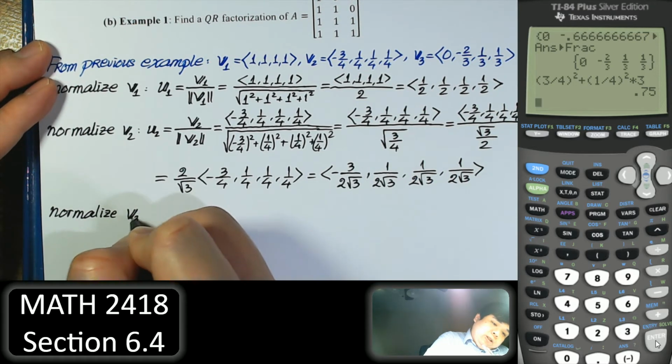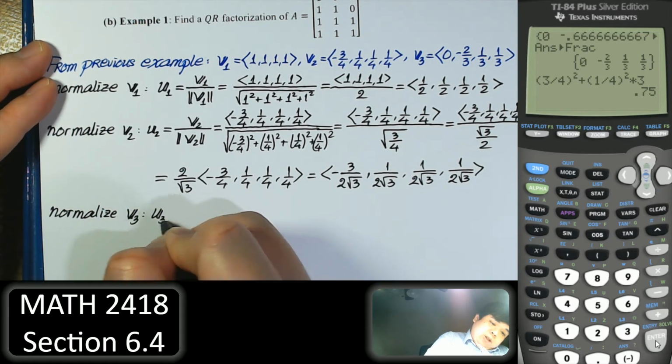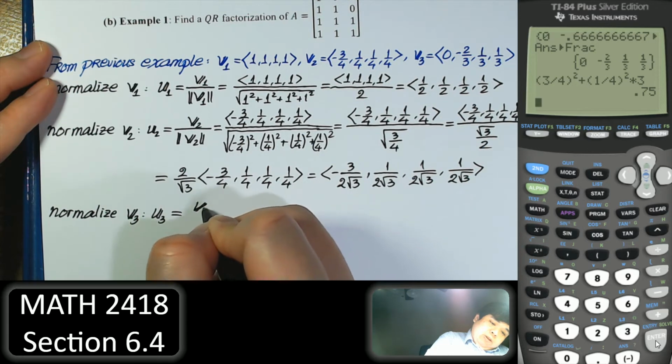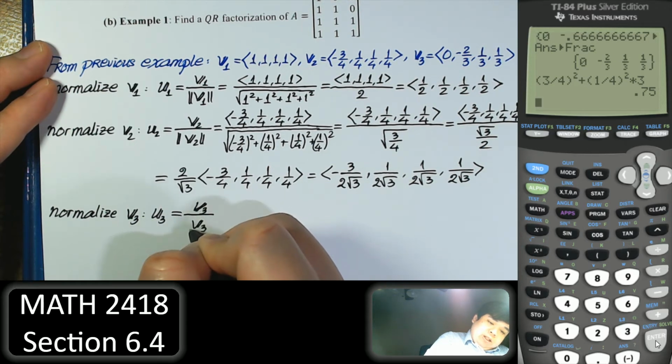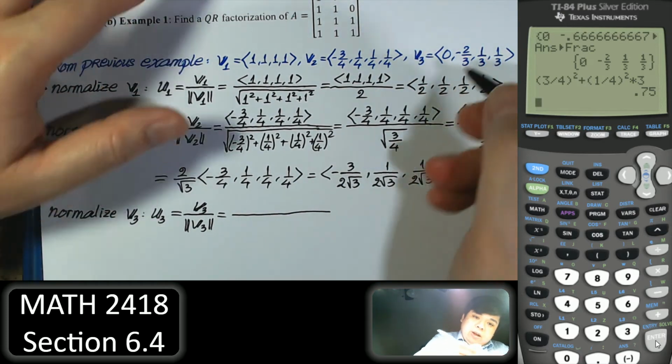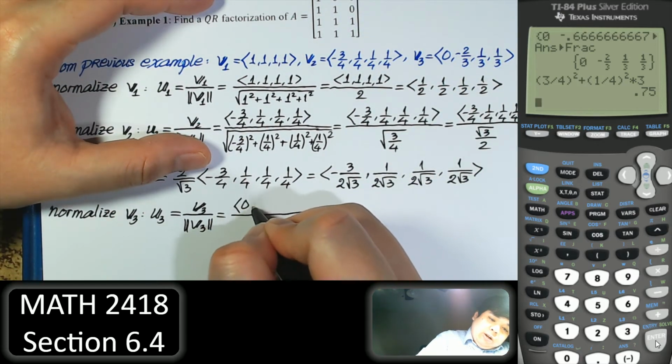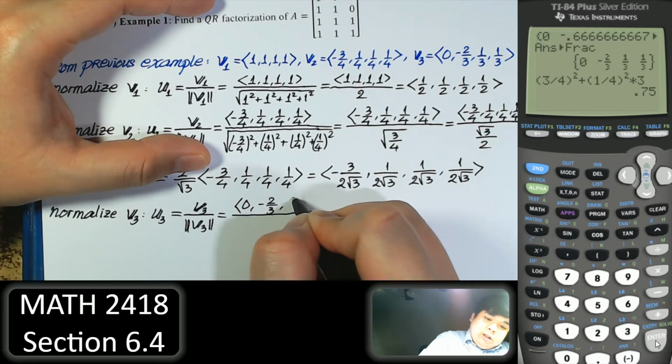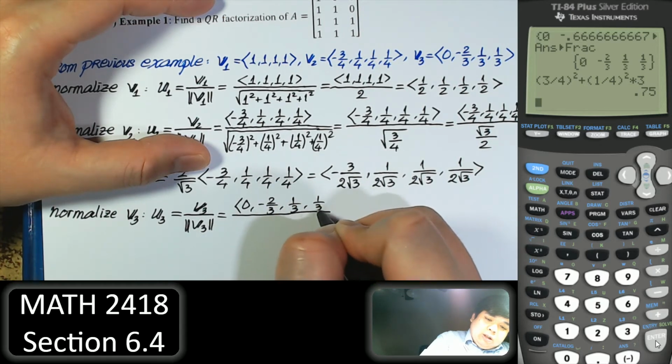And normalize v3: u3 equals v3 over the norm of v3. Right. 0, negative 2/3, 1/3, 1/3.